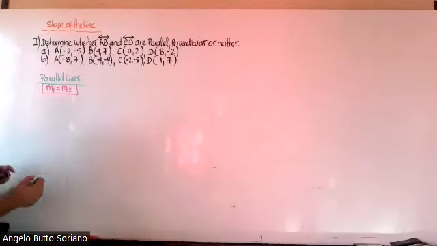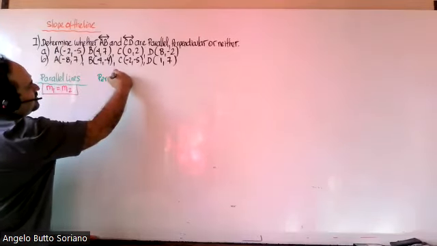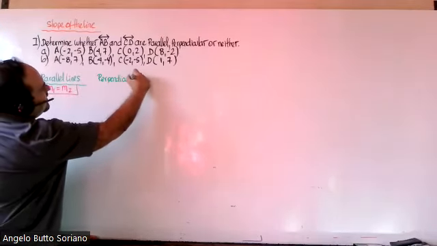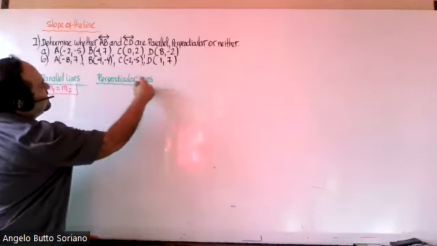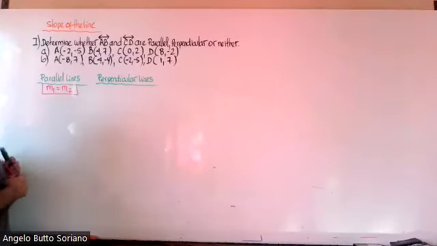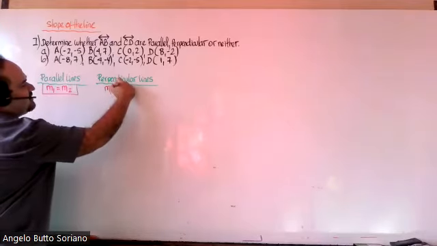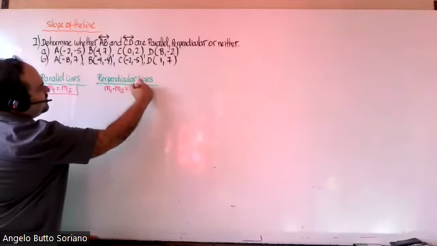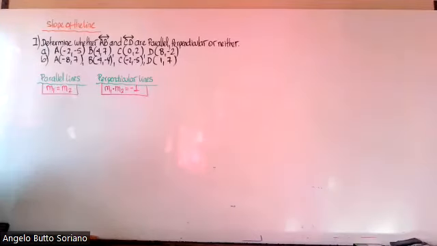What will be the condition for perpendicular lines? Well, it's simple. The product between the two slopes, M1 times M2, is supposed to be equal to -1.